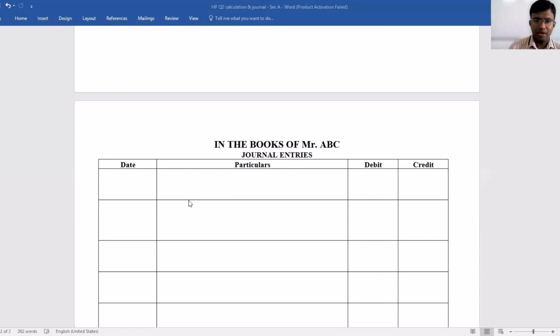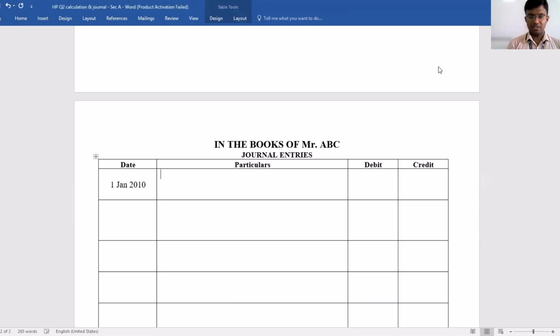Entries. Now we have to start preparing the journal entries for this particular question. The very first journal entry that we would be passing would be on 1st Jan 2010. This first entry would be for the payment of the down payment.